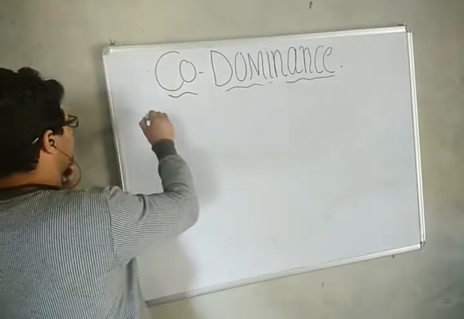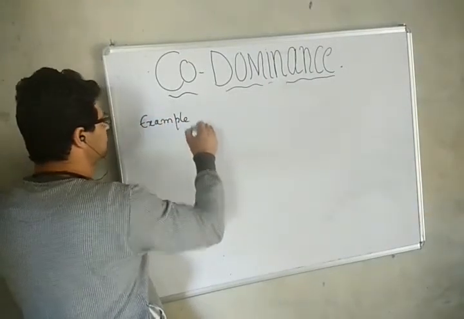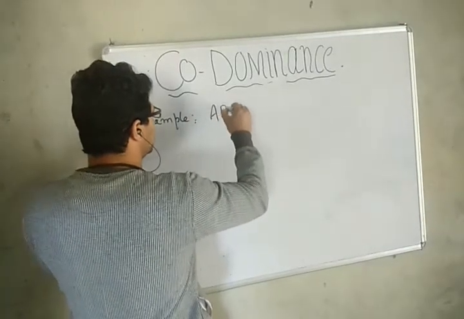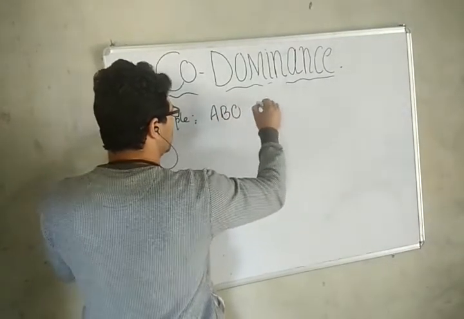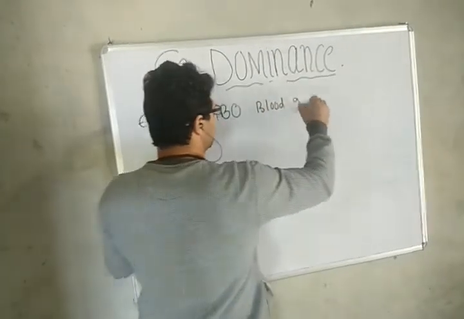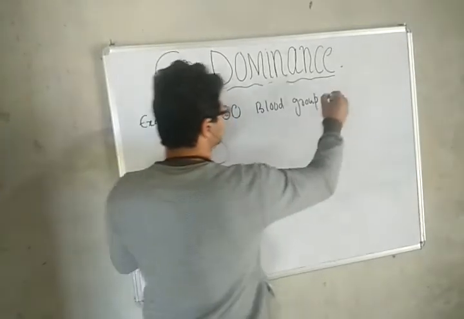The first example is the ABO blood group system.